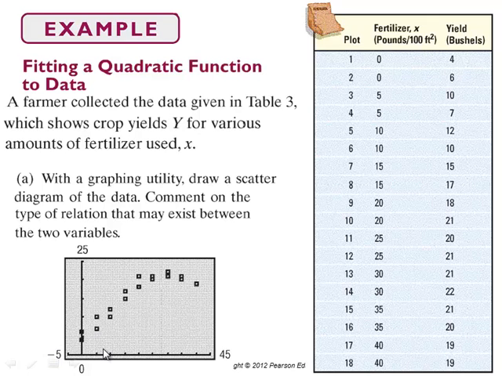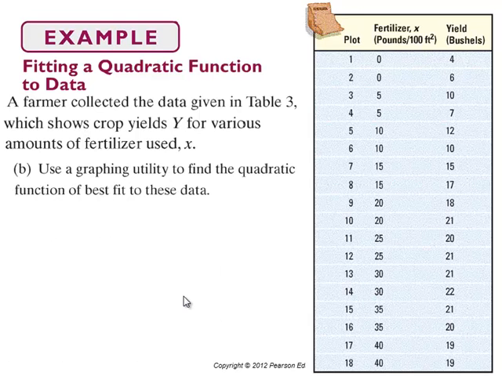And your viewing window you should have X minimum at -5, X maximum at 45, Y minimum of 0, Y max being 25, and use the X scale and Y scale both being 5, and make sure you delete any equations in your equation editor. See if you can reproduce the stat plot on your graphing calculator.